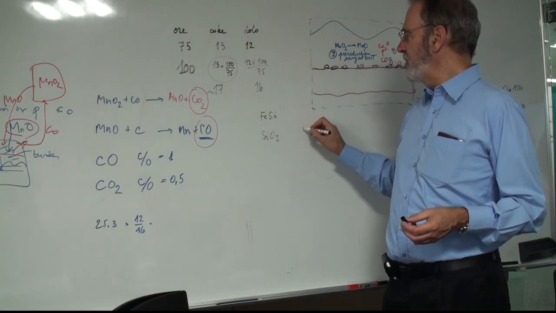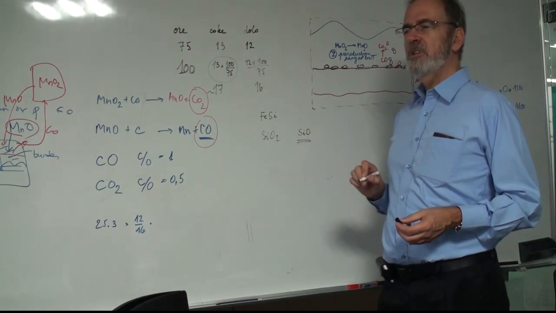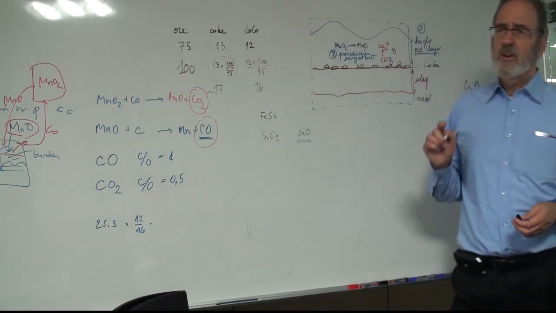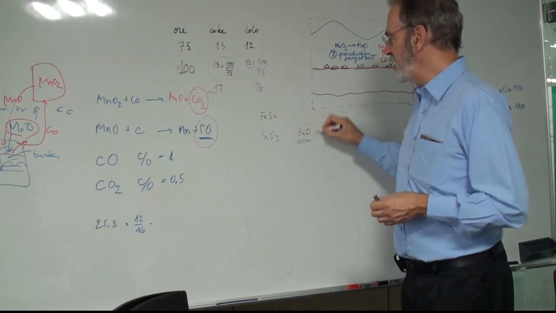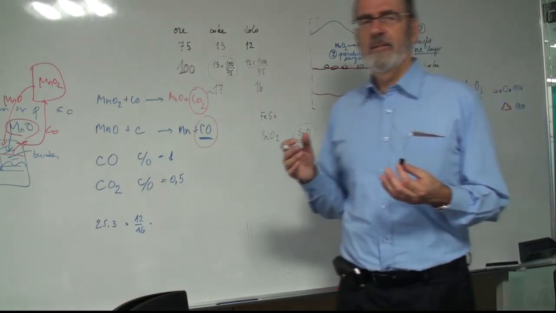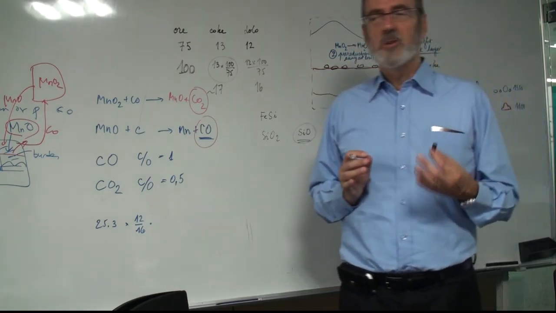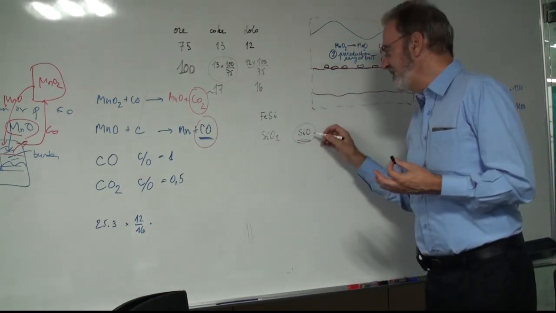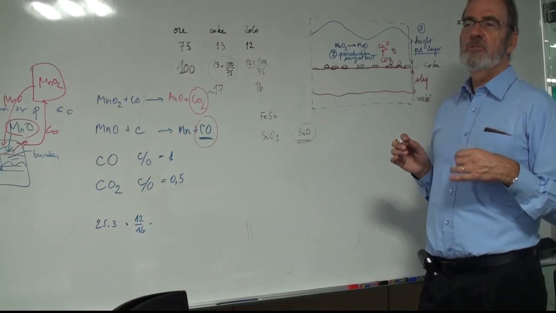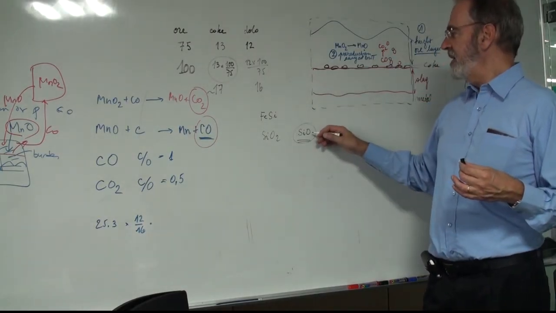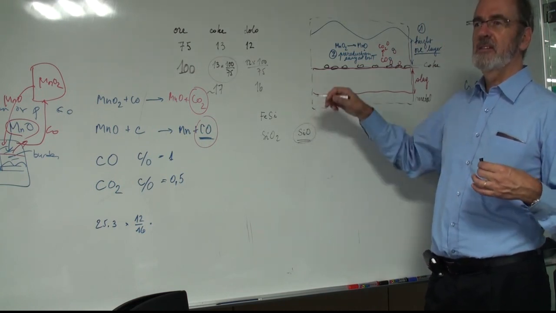Actually, you have also an intermediate, which is SiO, but what makes it complex is this one is volatile. It is gaseous, but it's not so detrimental, because you can catch it and reduce it again.